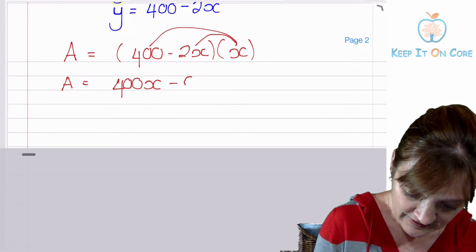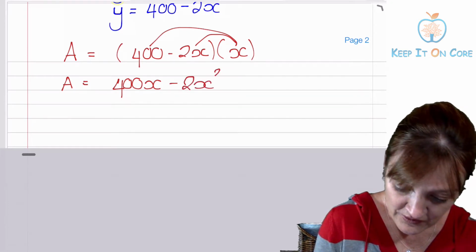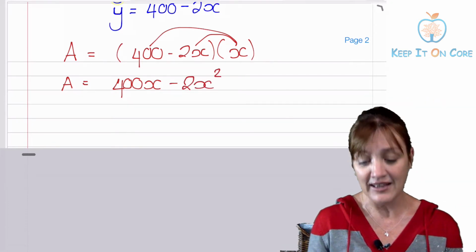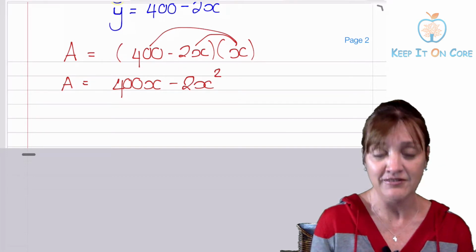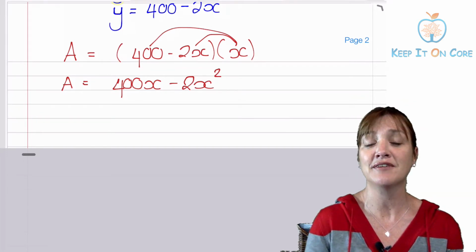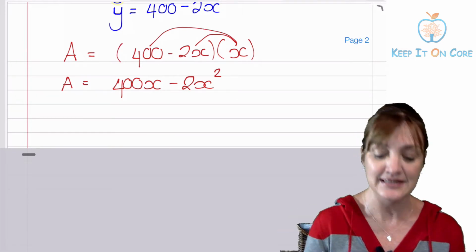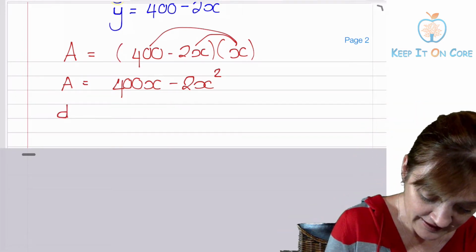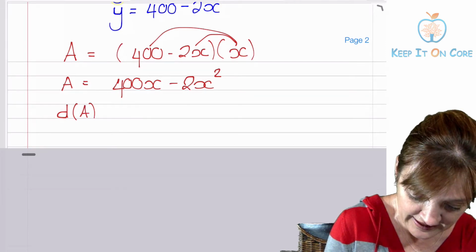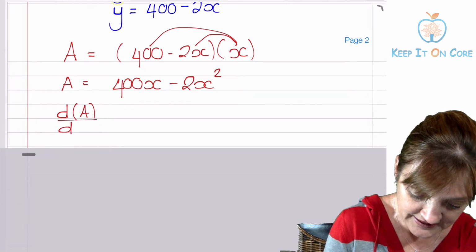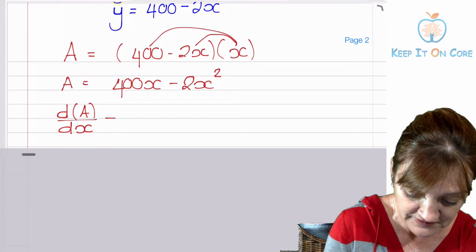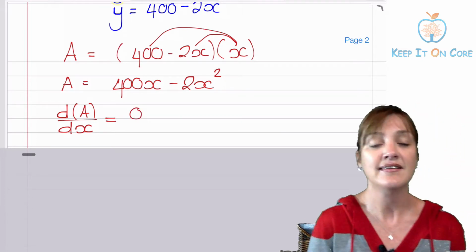So what we need to do here is calculate the derivative of the area. Why? Because to find the minimum or the maximum, we let the derivative equal 0. So I'm going to find the derivative of my area, and I'm going to let that derivative in terms of x equal 0.